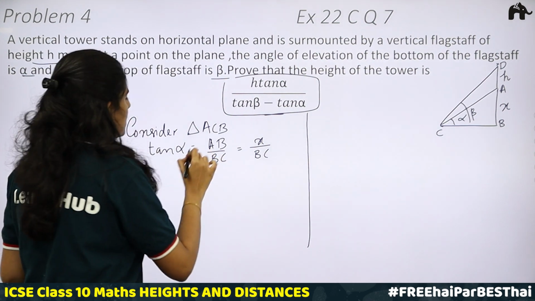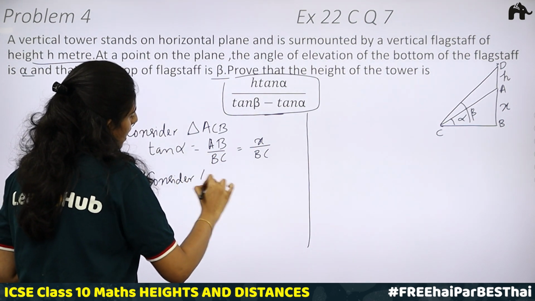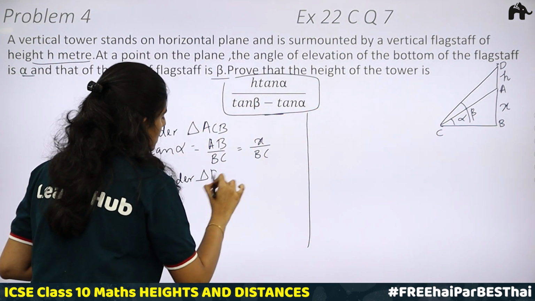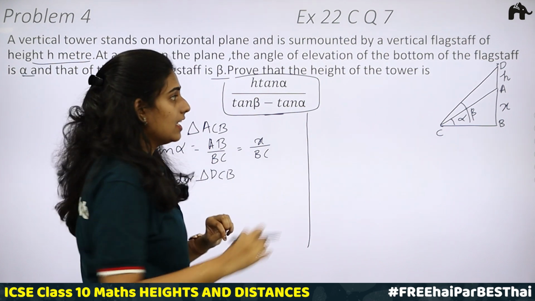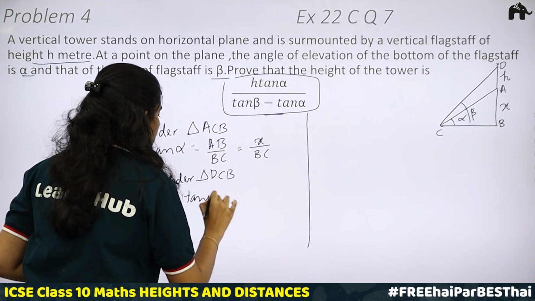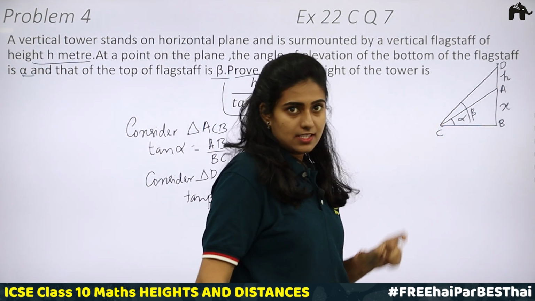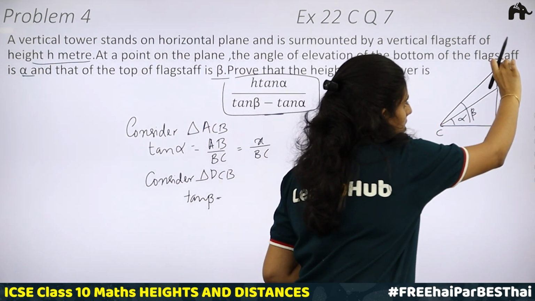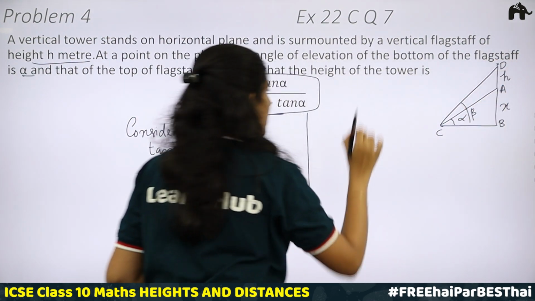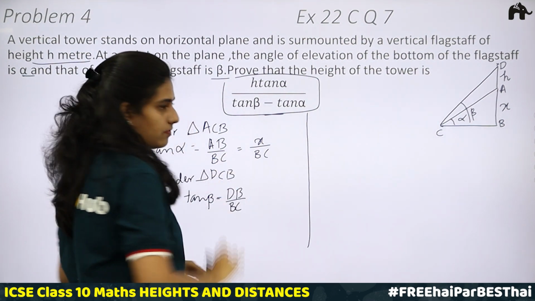Next, consider triangle DCB. When you consider this triangle DCB, here we have angle beta. What is tan beta? Tan beta will be equal to, again, opposite divided by adjacent. Here the opposite includes h and x. So h plus x, that is DB, divided by BC.